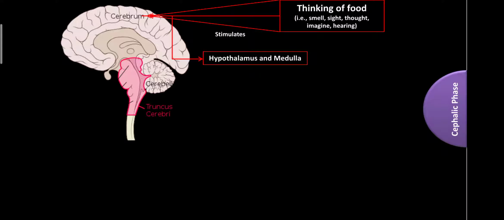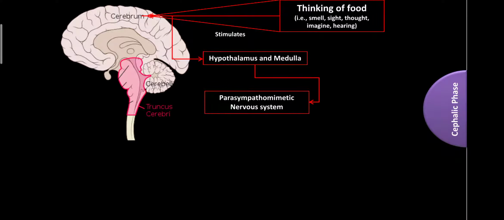Then the hypothalamus and medulla oblongata activate the cholinergic nervous system through the ANS, or parasympathetic nervous system, and the parasympathetic nervous system stimulates the stomach through the vagus nerve by release of acetylcholine.